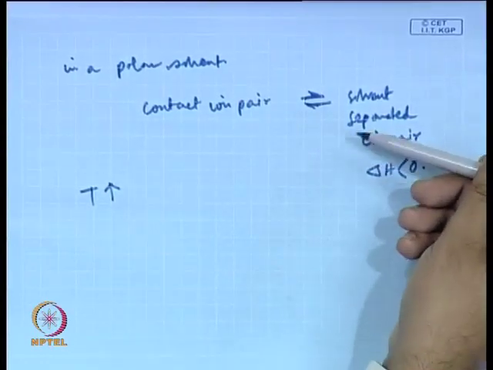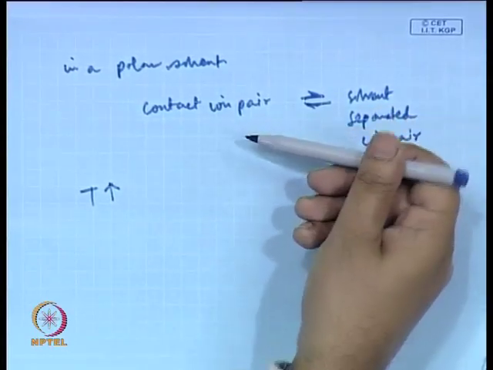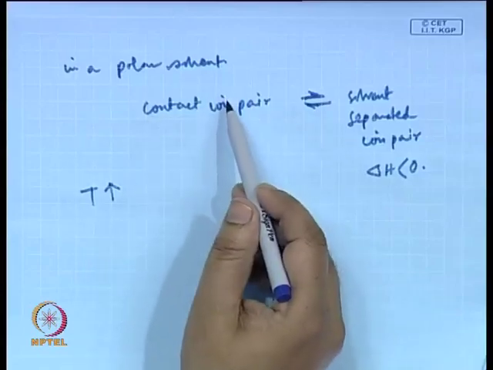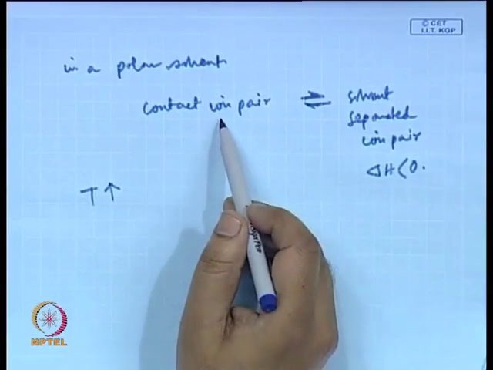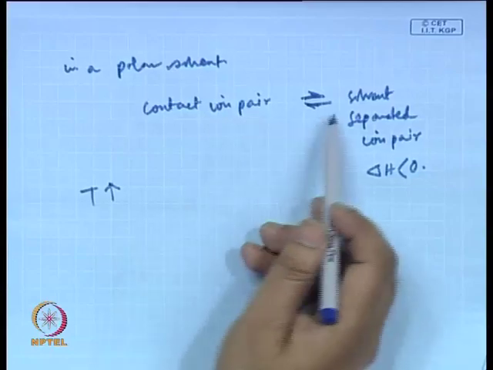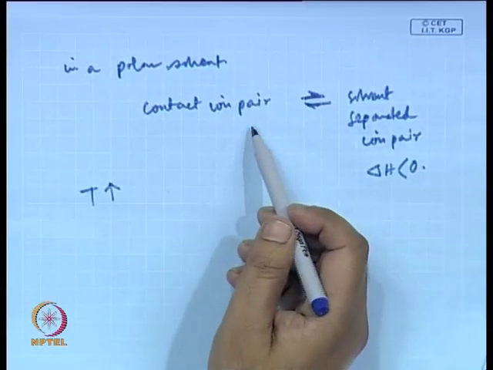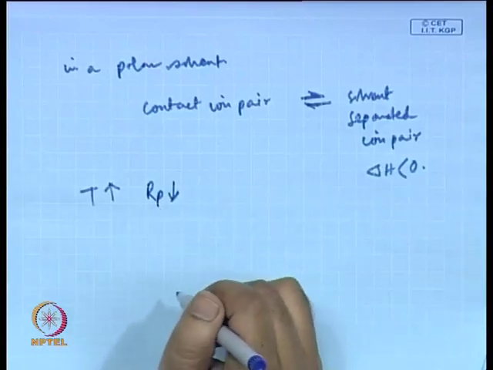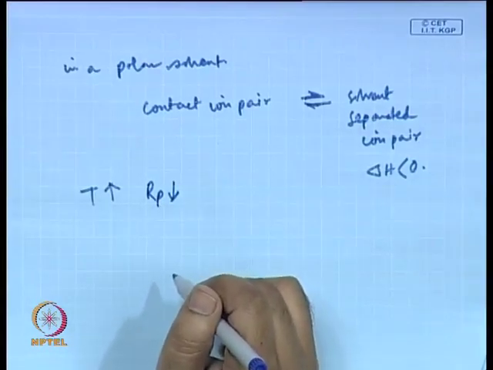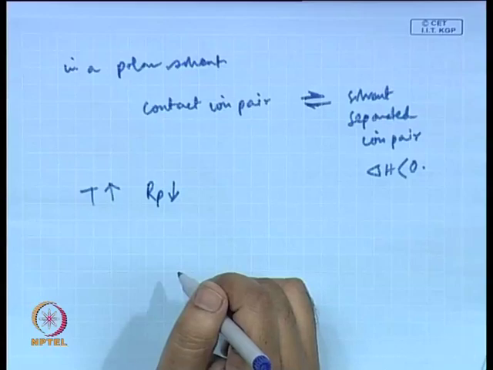This goes to the left-hand side, increasing the proportion of contact ion pair in this equilibrium, and by that it decreases the rate of the reaction.